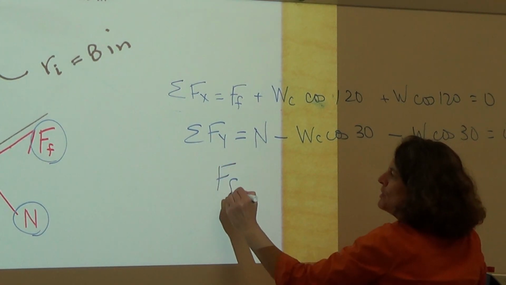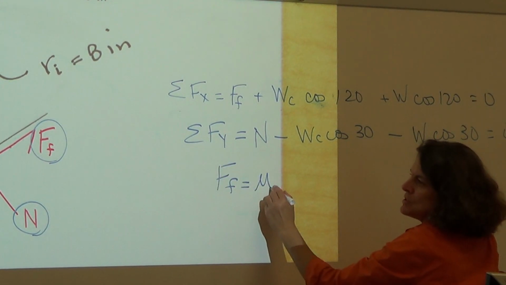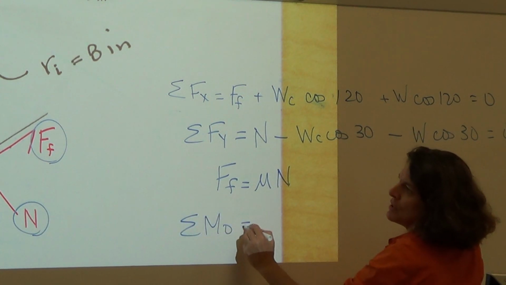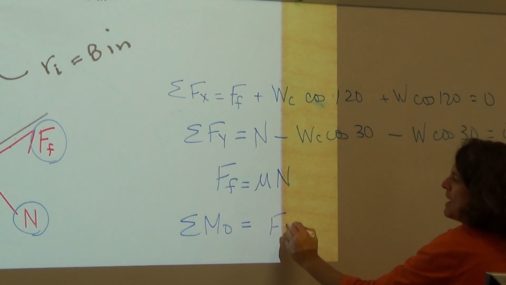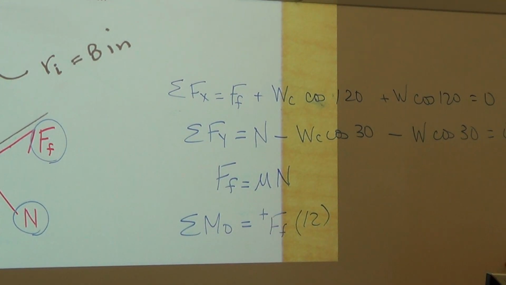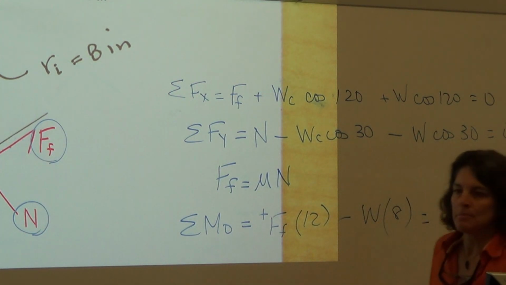The frictional force is mu times N, and sum of the moments about O is FF times 12 positive, and W times 8 negative equals 0.